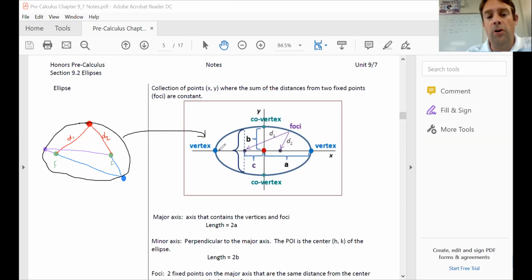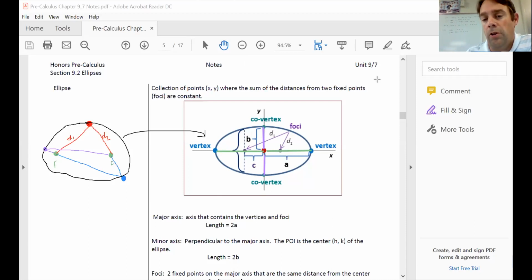If you notice, where a circle has the same radius going out, the radius from here to here is not the same necessarily as the radius from here to here, although those two are. So you have two green radii that go left and right and two purple radii that go up and down. Now it could be more narrow than it is flat like this.